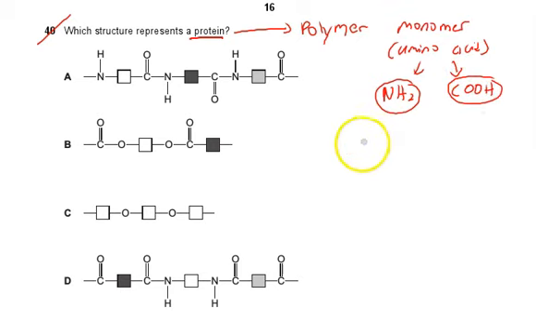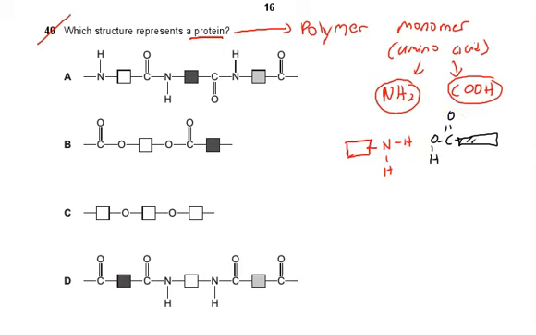Now, for example, let me show you. Here we have a nitrogen. I just show you one side. Now there is another side for carboxylic acid, so this is double bond O and OH.